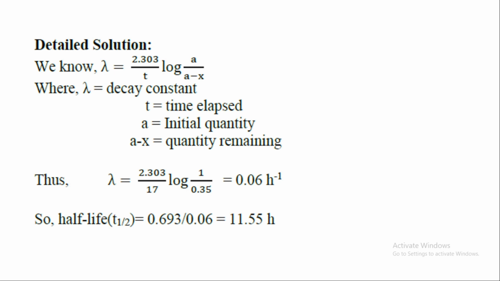When you take t to the left hand side, that means 1 by t ln n0 by n is equal to lambda, and then you can just convert ln into log. To convert ln into log, they multiply it by 2.303.